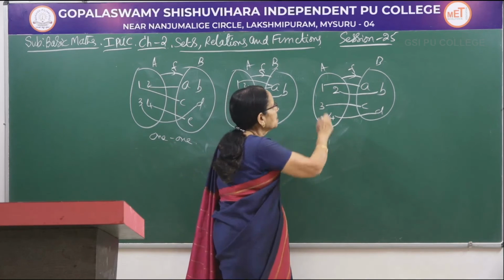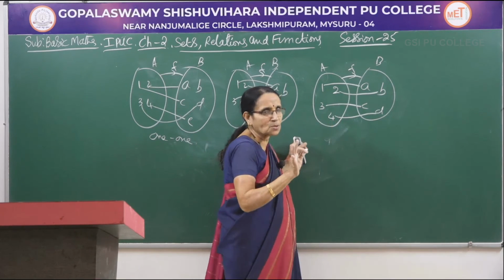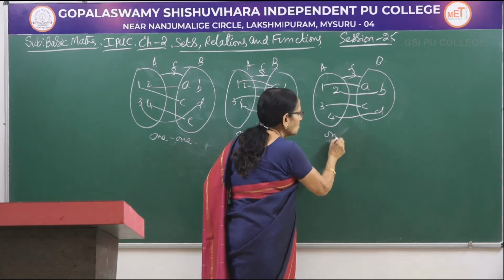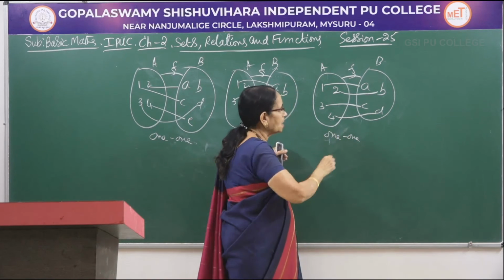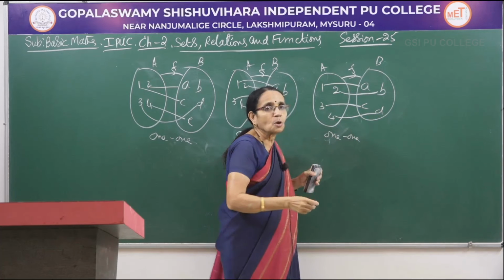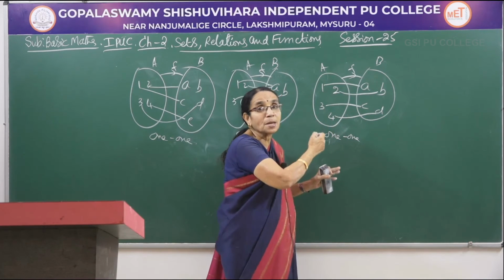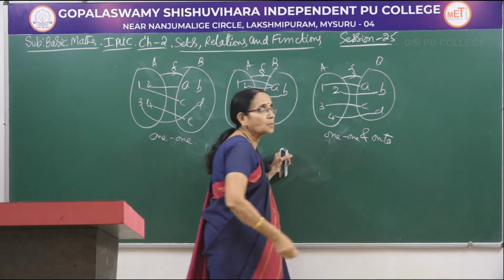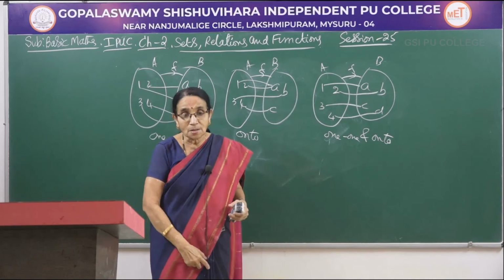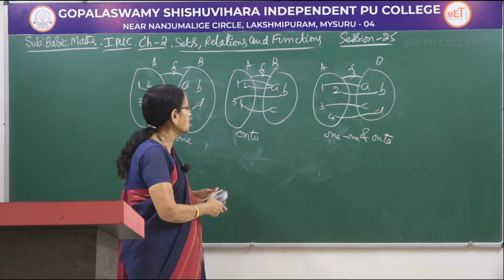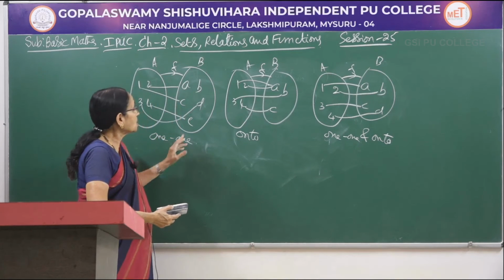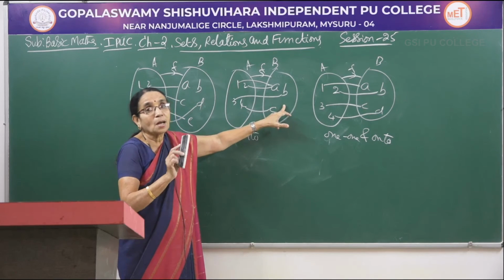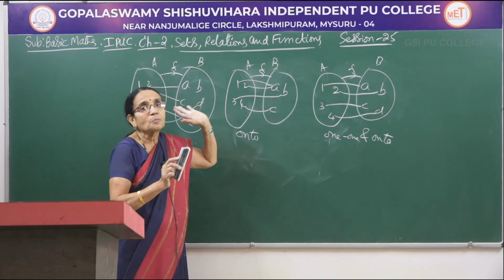Now you observe here 1, 2, 3, 4, 4 elements are there, A, B, C, D, there are 4 images. So this is 1, 1. Correct? And then all the 4 elements belonging to the codomain have pre-images. Therefore, it is onto also. Isn't it? Understand the difference between them. In 1, 1, there may be some element left out. In onto, there should not be any element left out because all of them should have the pre-image.